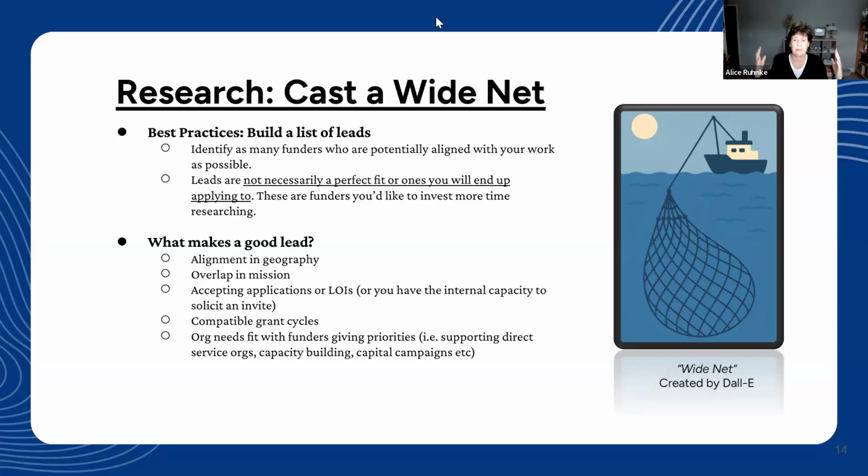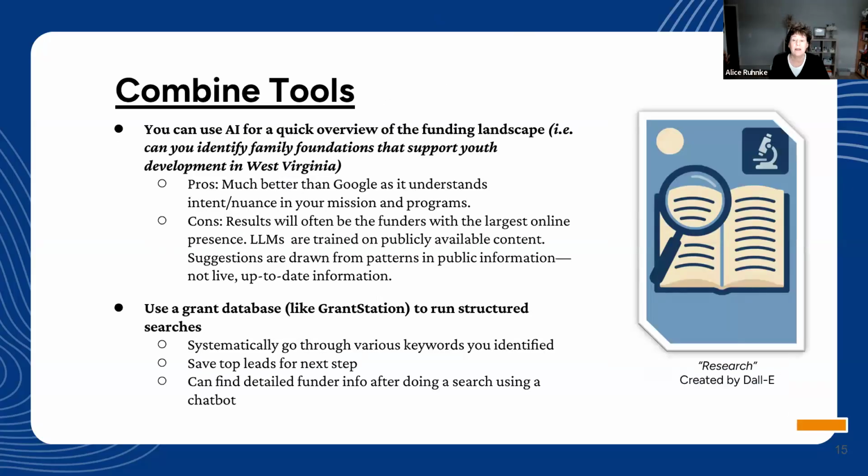This step of the process is really just looking at everything as broadly as you can, and then starting to narrow down and make decisions about which ones would be the best for you to use. So David's going to take over in showing us how to use tools to do that.